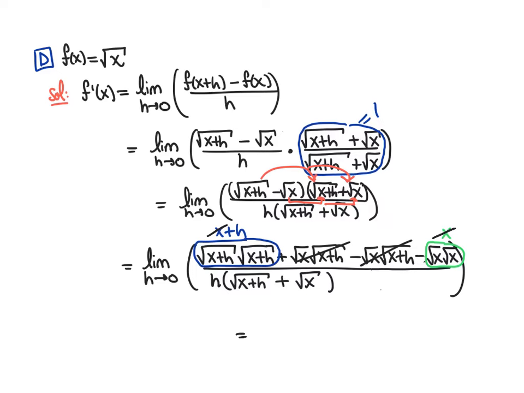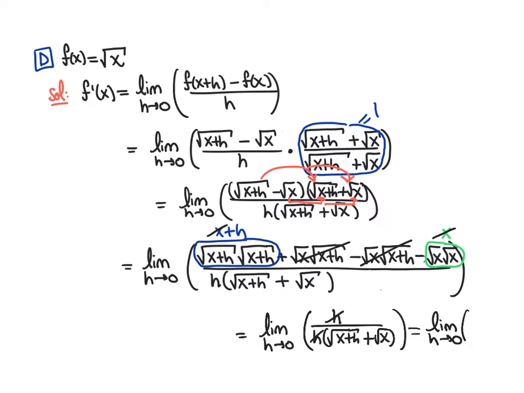Okay, so all that you're left with inside of your limit, once all of this is done, is an h on top, an h on the bottom, and then the square root of x plus h plus the square root of x. Those h's are going to cancel, and then you can actually just finish by computing your limit and inputting the h.